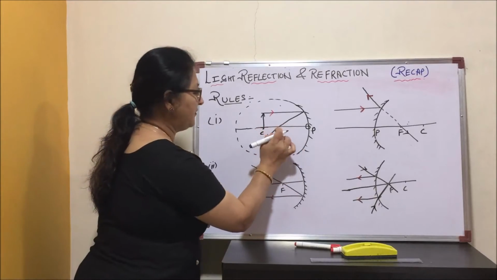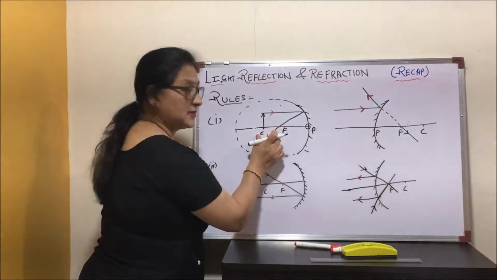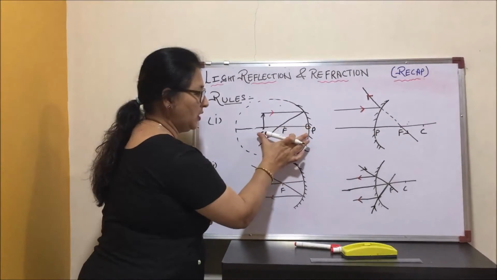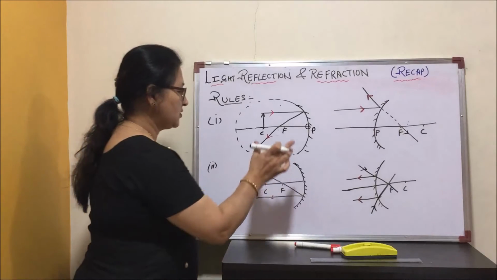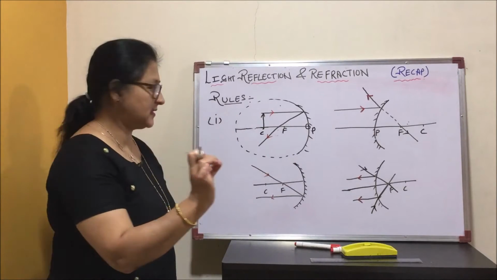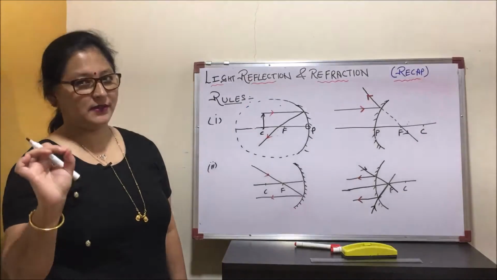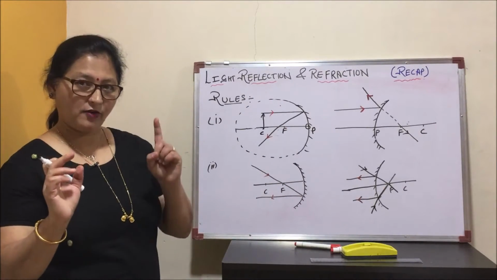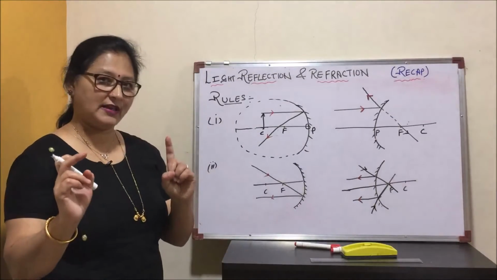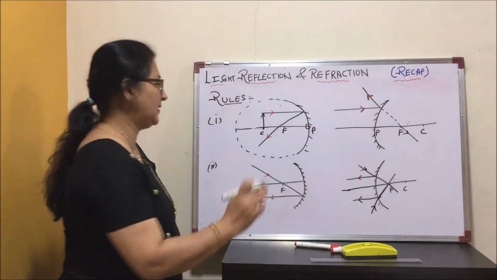And what is F? F is almost the center between the center of curvature and the pole. It is half of the radius, right? So C is the center of curvature, which we can relate with the radius, and F is the focus, which is half of the radius, or half of the distance between the center of curvature and the pole, right?